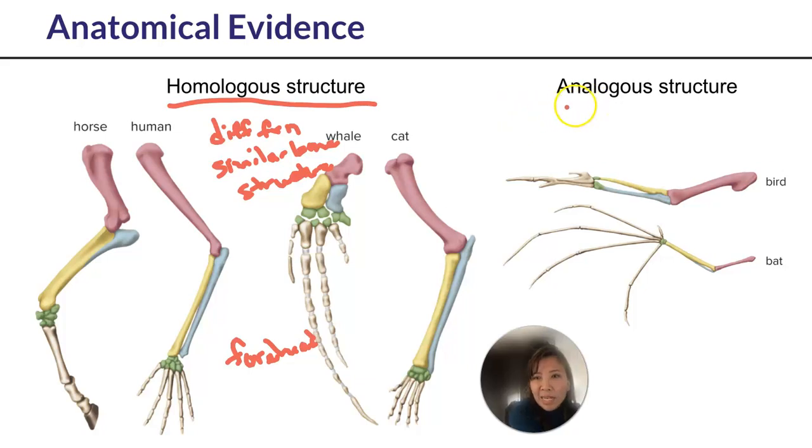How is this different than analogous structure? With analogous structure, these two structures have very similar function, but their actual bone structures are not constructed the same way. So they differ in their actual structure.